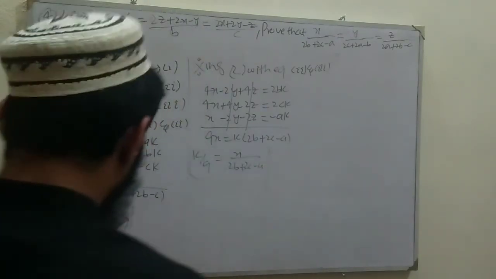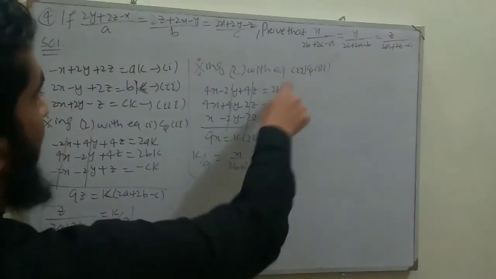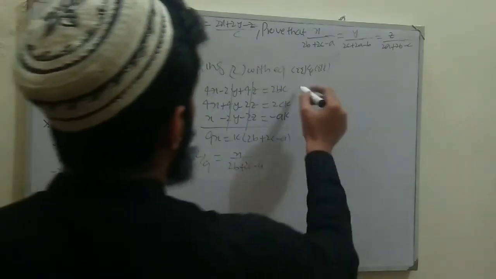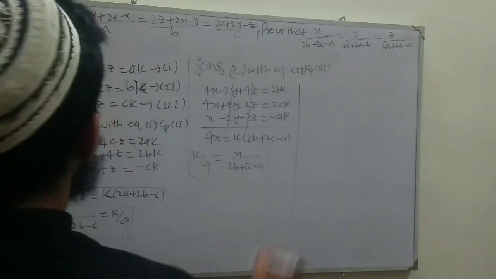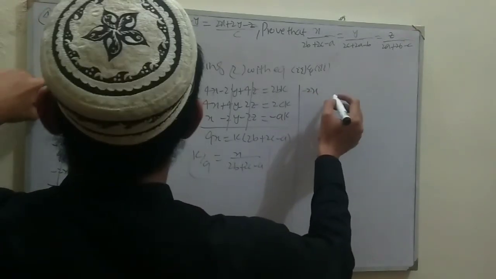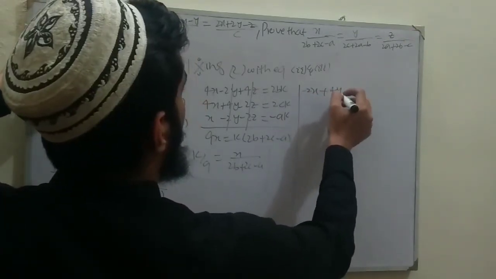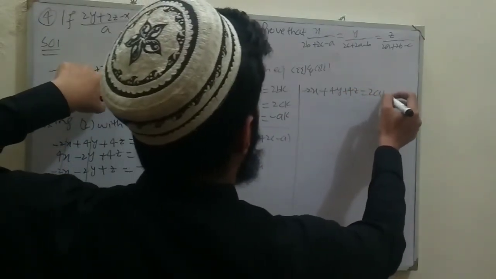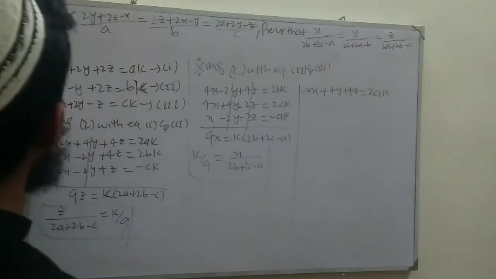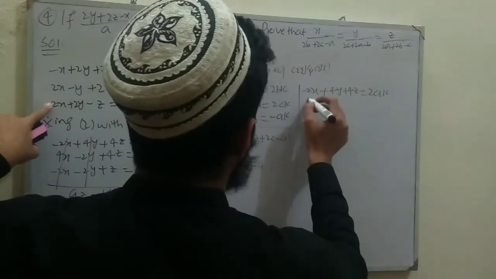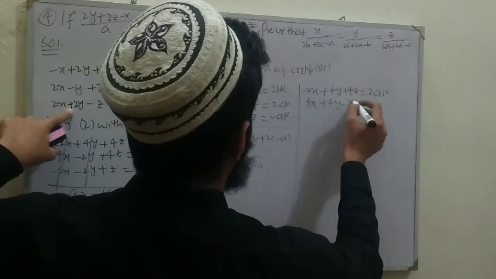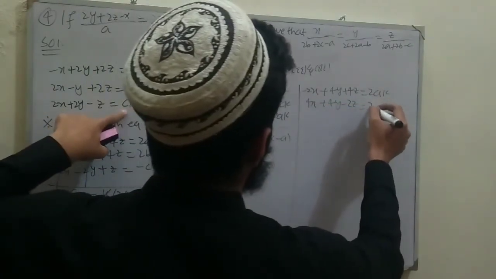And also multiplying 2 with equation 1 and 3, so equation number 1 becomes minus 2x plus 4y plus 4z is equal to 2ak, and also multiplying 2 with this equation, it becomes 4x plus 4y minus 2z is equal to 2ck.